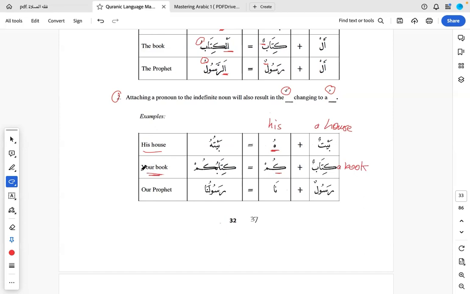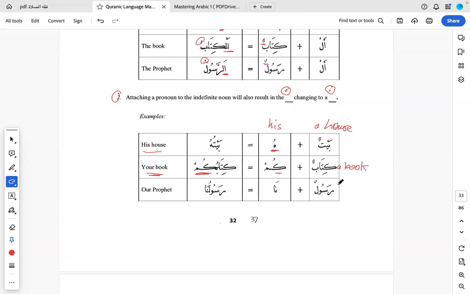And your book in English is not that accurate or clear about the number or gender of the people you're talking to. But kum in Arabic is very clear that we're talking to a group of people, and they are either all men or mixed gender. So kitabukum means it's the book of you all.